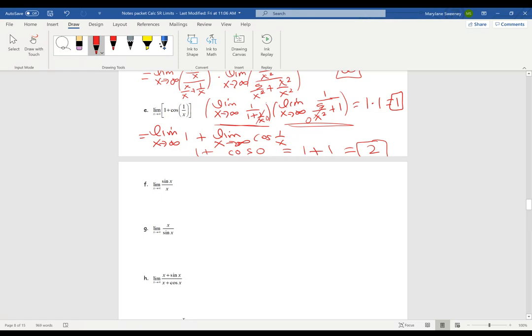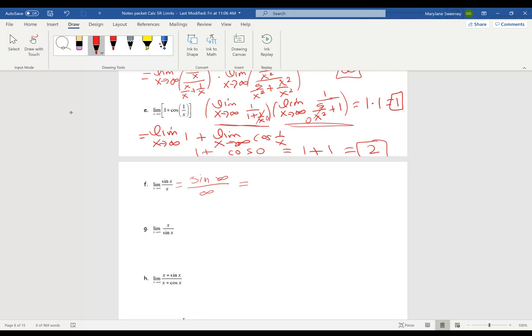Okay, looking at some trig. Yesterday, in the day 3 notes, we talked about the limit as x approaches 0 of sine x over x being 1. This is different. This is the limit as x approaches infinity of sine x over x. What you have to do here is think, what if I plugged in infinity? Think of what the sine curve does as you go off to infinity.